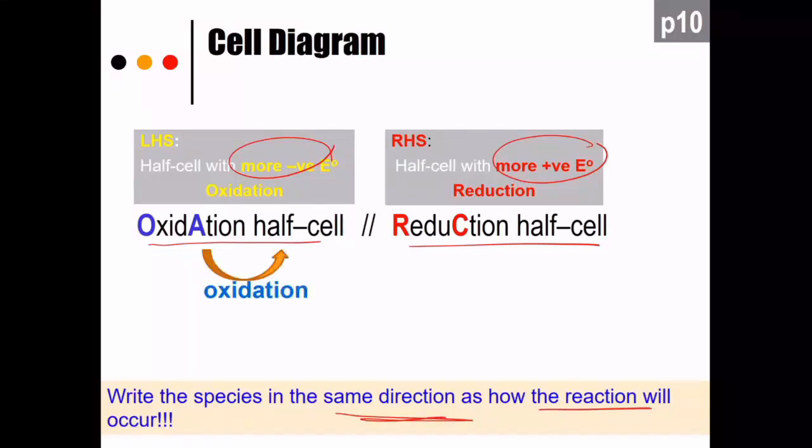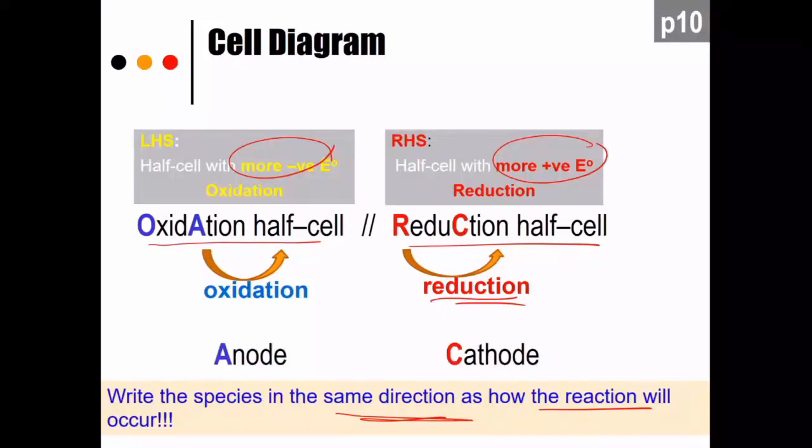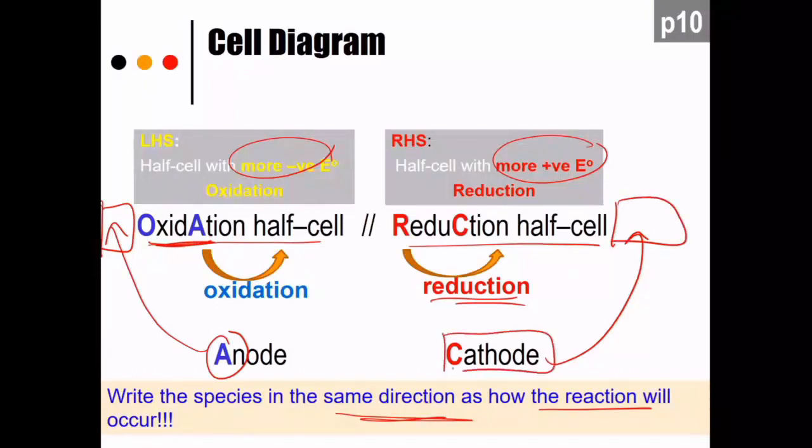So for the oxidation half cell, you must show that oxidation has taken place. For the reduction half cell, you must show that reduction has taken place. Okay? And the two ends will represent the electrodes. Therefore, this end here must represent the anode since it's oxidation, and this end here must represent the cathode since it's a reduction reaction.